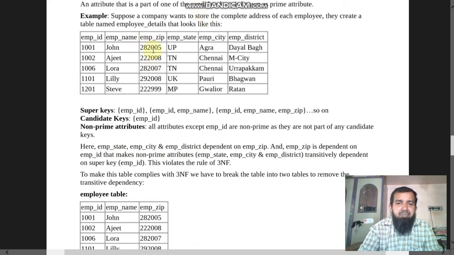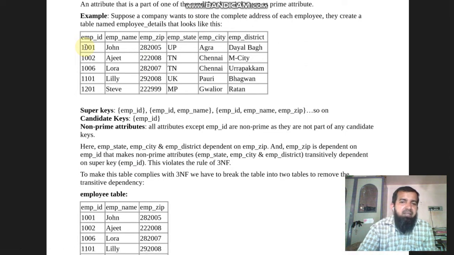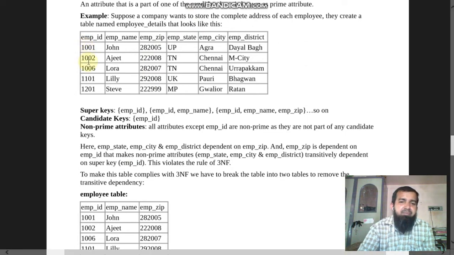Depending upon the employee ID, you can identify the employee's particular address.